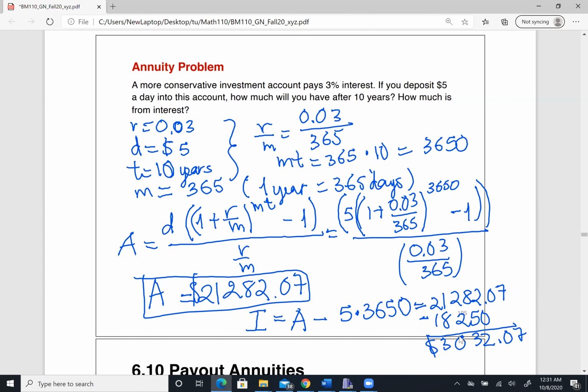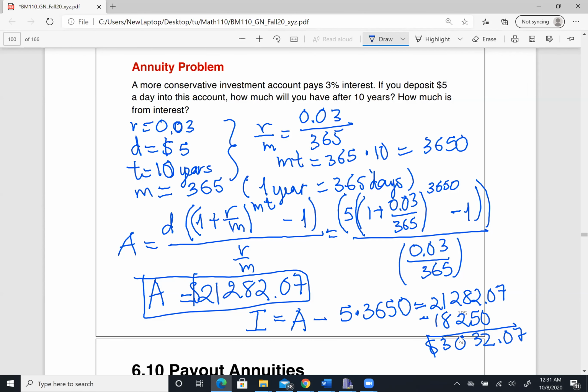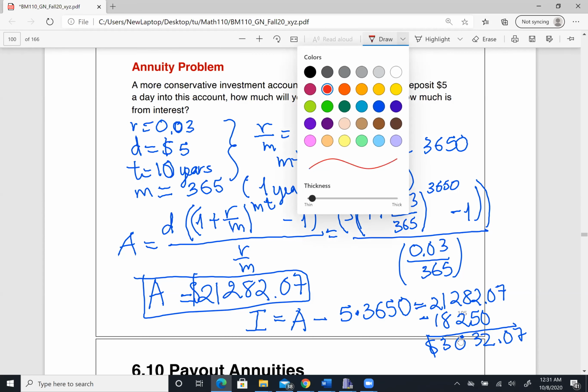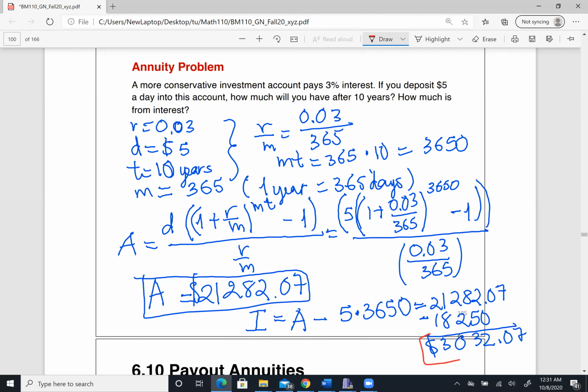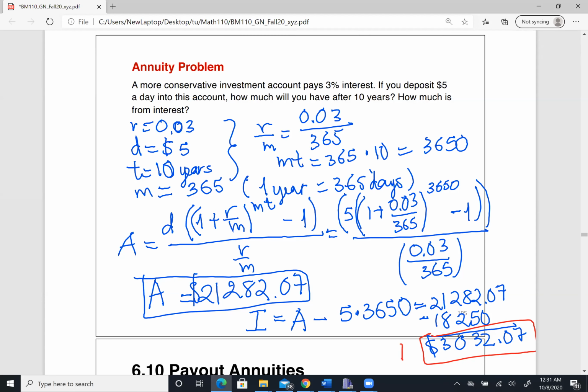That should be the interest amount that you got after 10 years. So this is the interest.